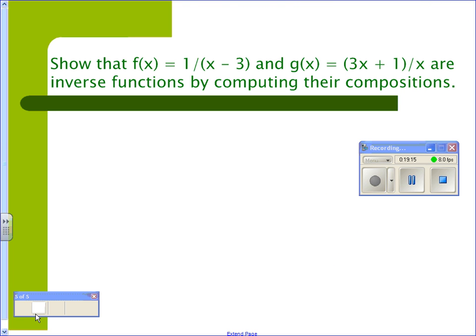Okay. So on this one, it says show that f and g are inverse functions. Are they going to be inverse functions? Because it says show that they are. It doesn't want to trick you. Whenever it says show that they are, it usually means they are inverse.